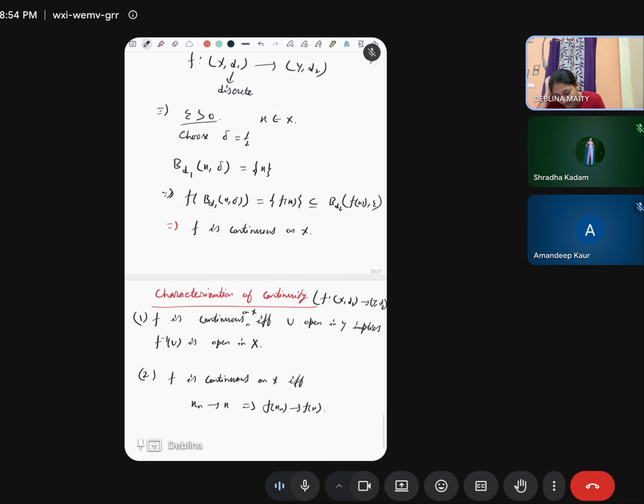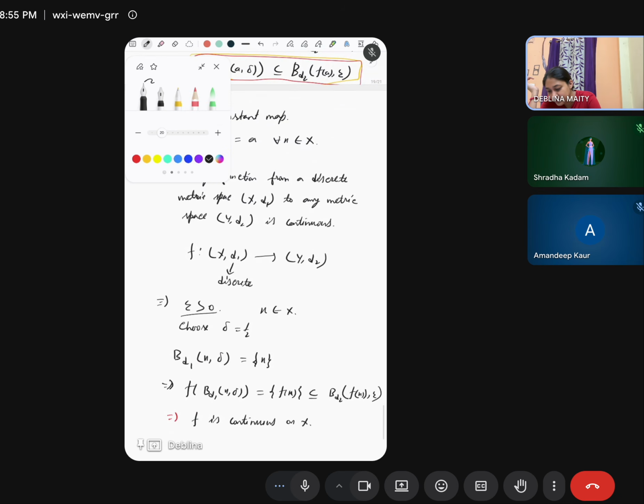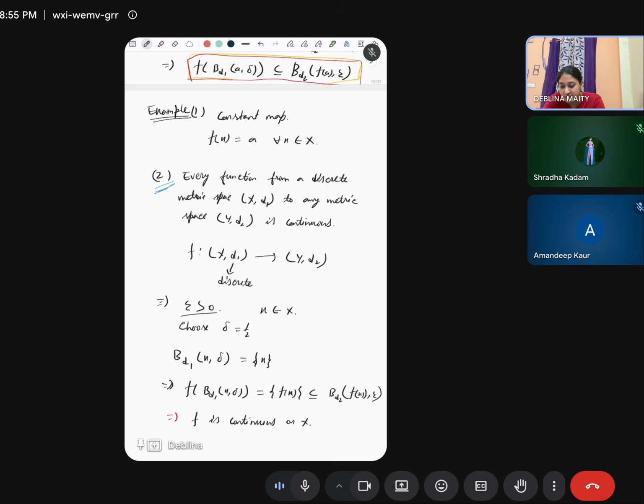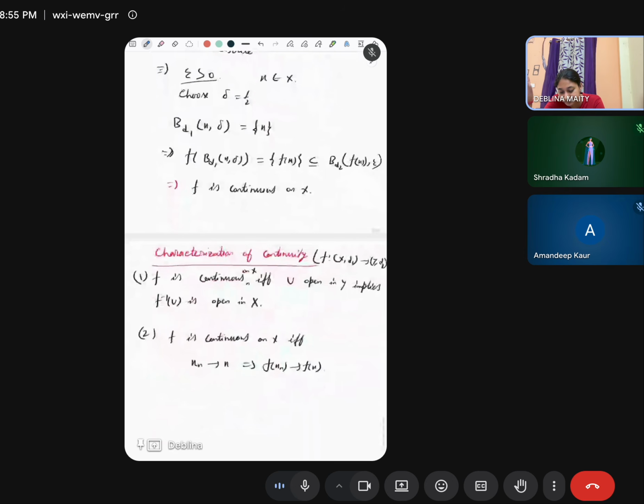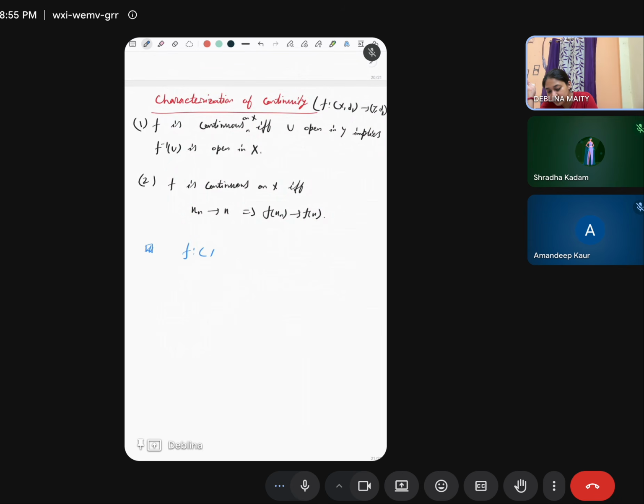So by the first criterion, for the discrete metric, we see that every function from a discrete metric space is continuous. Why? Where d1 is the discrete metric, we have seen that any subset of a discrete metric space is open. So let U be open in Y. If f^{-1}(U) is open in X, then we can say that f is continuous.